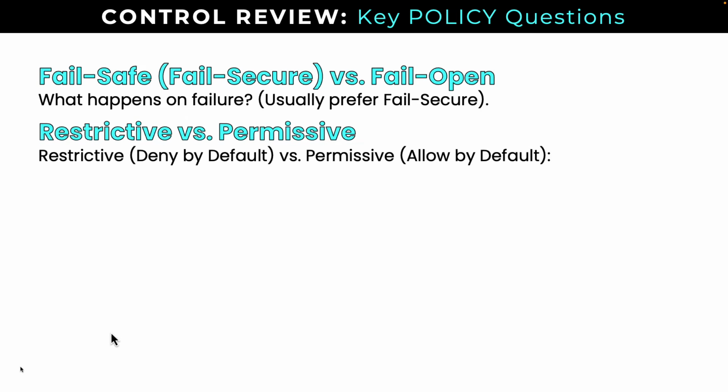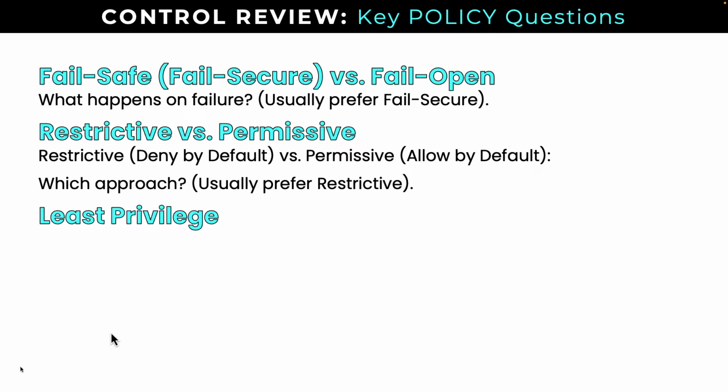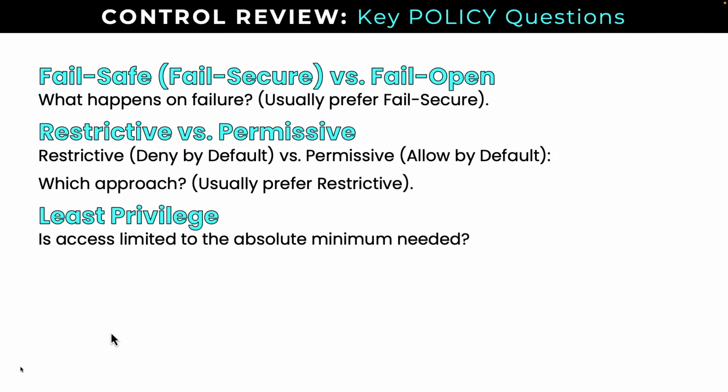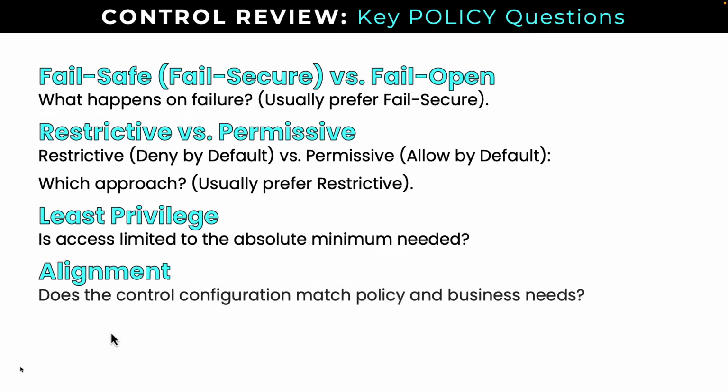So restrictive is where we deny by default, or permissive where we allow by default. So which approach? We're usually going to prefer restrictive unless there is a reason that we might do otherwise. Least privilege. So is access limited to the absolute minimum needed? Alignment. Does the control configuration match policy and business needs?